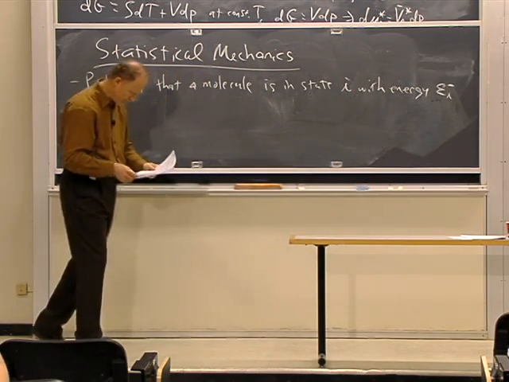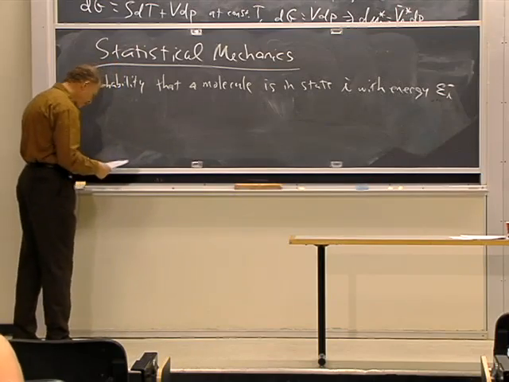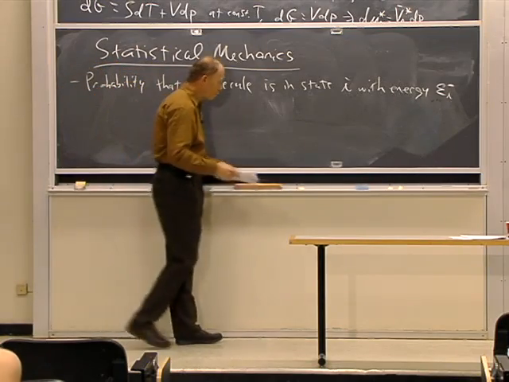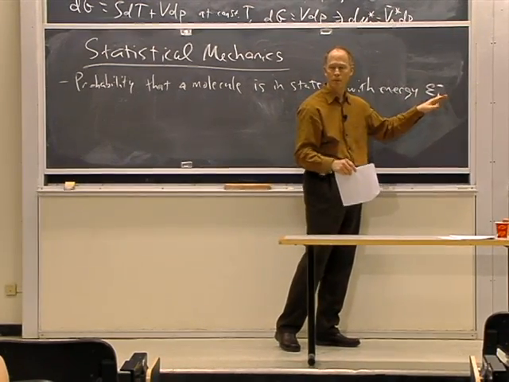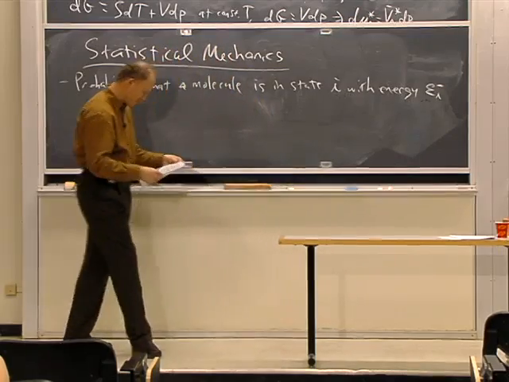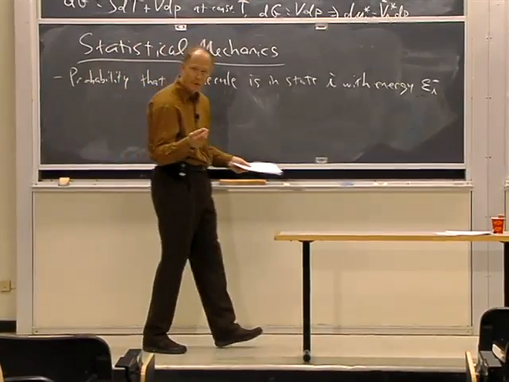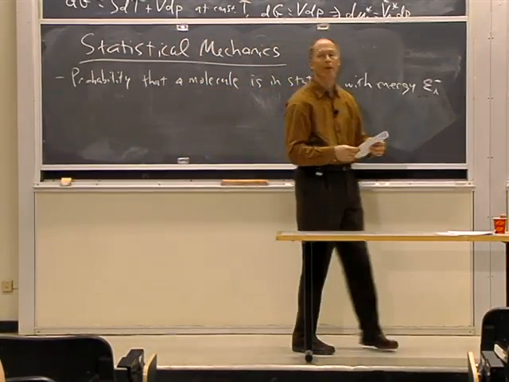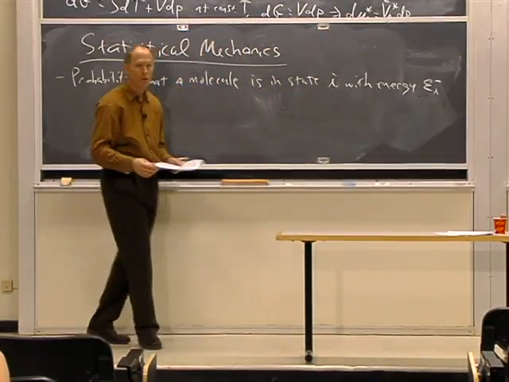Okay? Now, what we'd like is to know a functional form for the probability. And we don't know one a priori. But let's just think about two molecules and the probability that one of them has energy EI and another one has energy EJ.